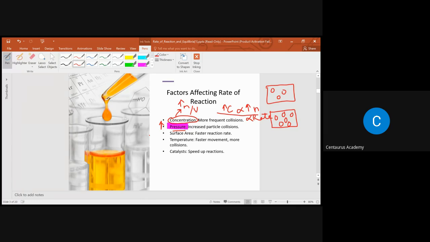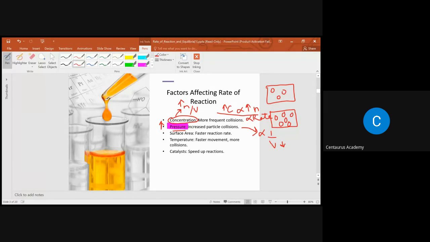Why is that so? Because increasing the pressure directly impacts the volume of the container and the gas. Okay. Pressure is inversely related to the volume, which means increasing pressure would decrease the volume. When it decreases the volume of the gas and of the container, this allows the gas particles to come closer together.